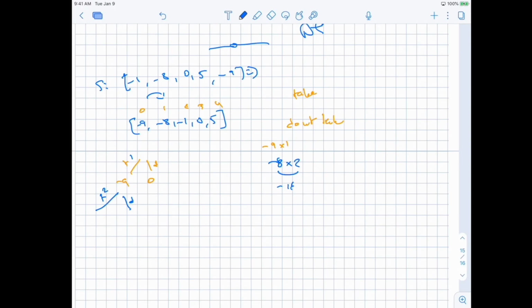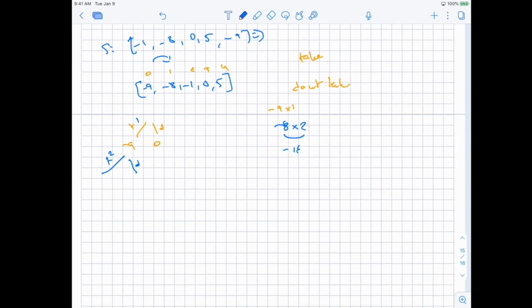Sorry about that. It's going to be minus 25. And then not taking it would be just, we stay at minus 9. And again, we go to the next, and we try both take it and don't take it.